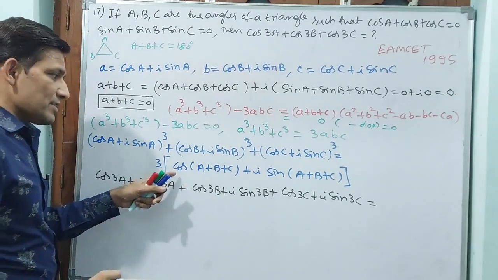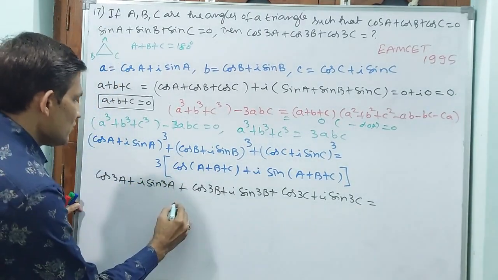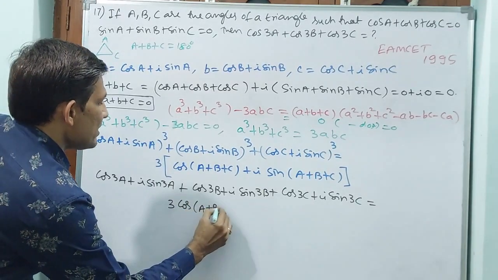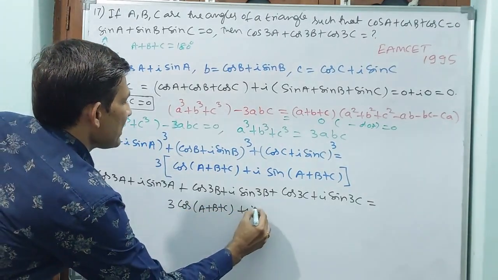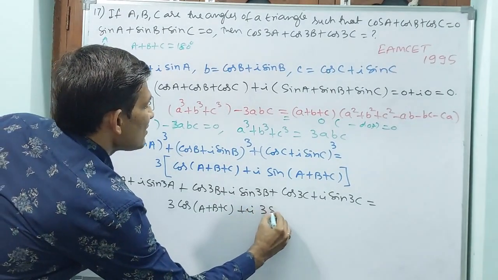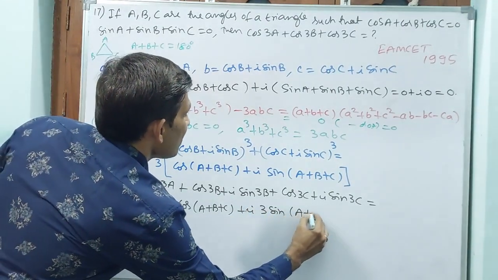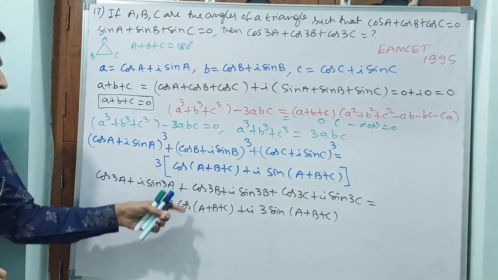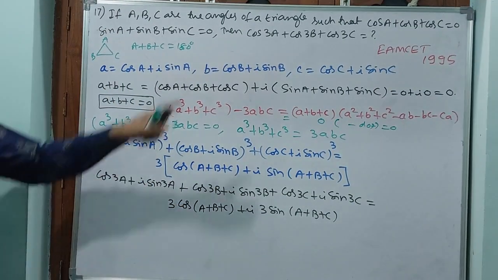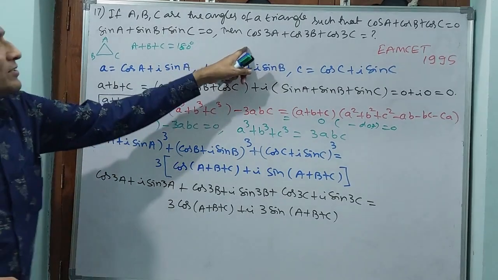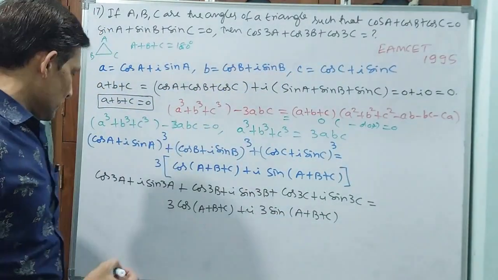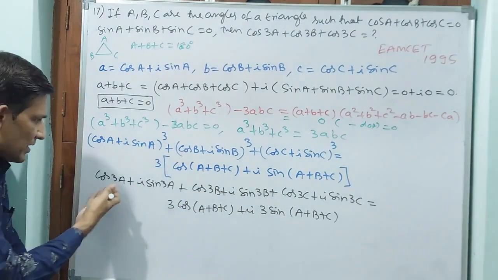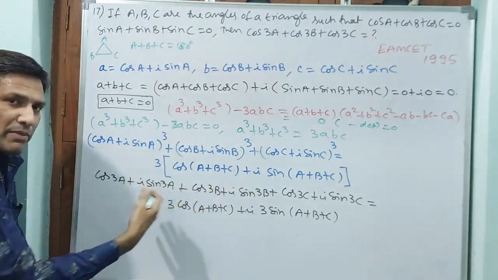Then you send 3 inside: 3 cos (A plus B plus C) plus i, 3 sin (A plus B plus C). Is it okay? Definitely okay. If both are equal, then what they have asked you is cos 3A, cos 3B, cos 3C. Shall I make them separate? Because these are three numbers you have not yet added.